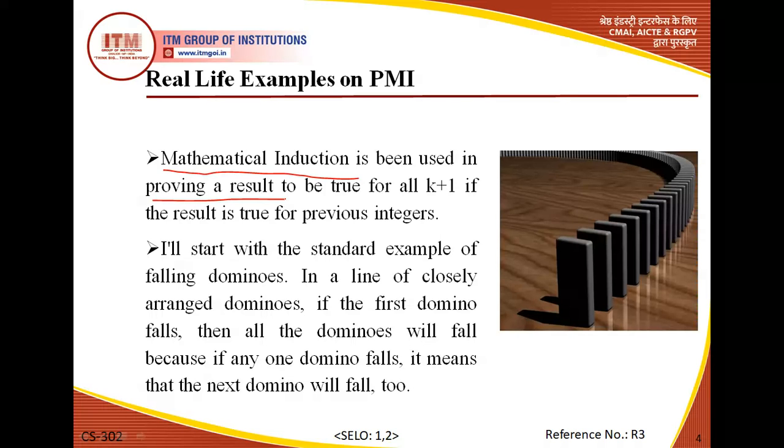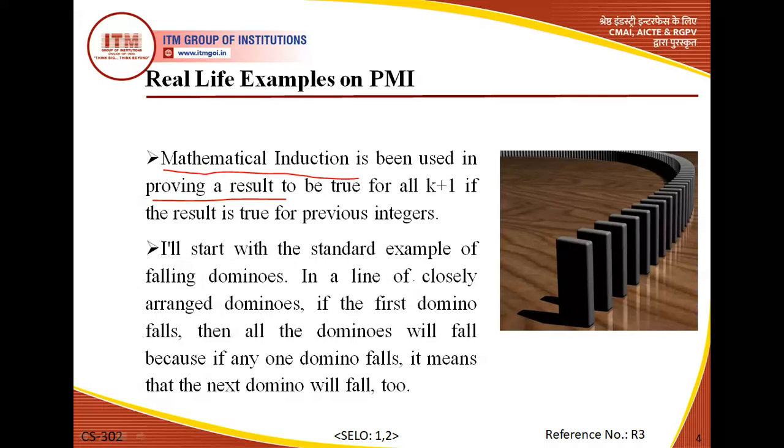So basically the first real life application of PMI is that it is applied to mathematical theorem proving techniques. This is a very important theorem proving technique that mathematicians use in order to prove a result for natural numbers. I hope the first application is pretty much clear. Let's see the second one.